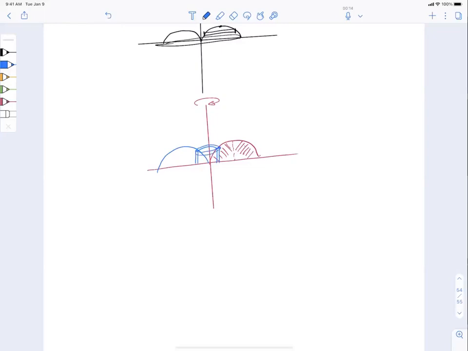And this would continue going all the way up and create what we call cylindrical shells. These are shells created by rotating rectangular pieces about the y-axis.